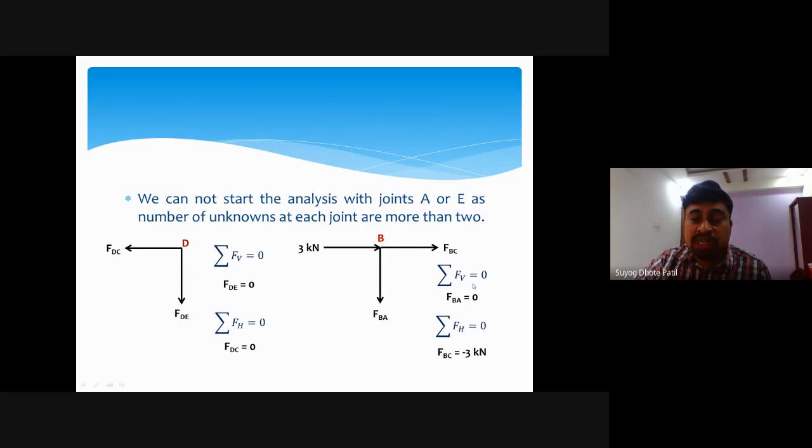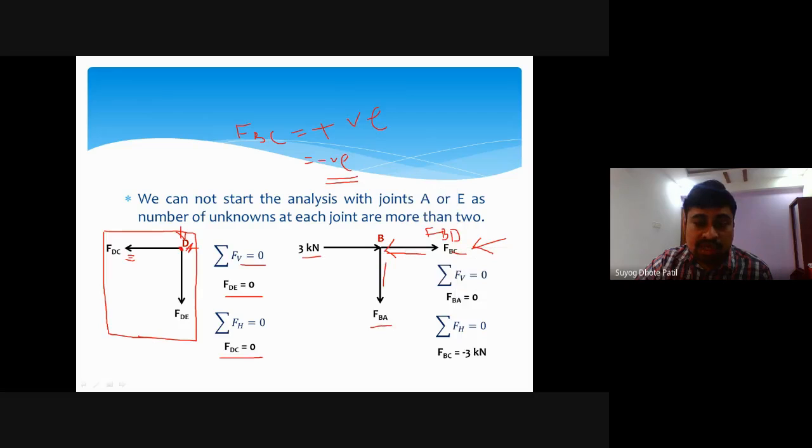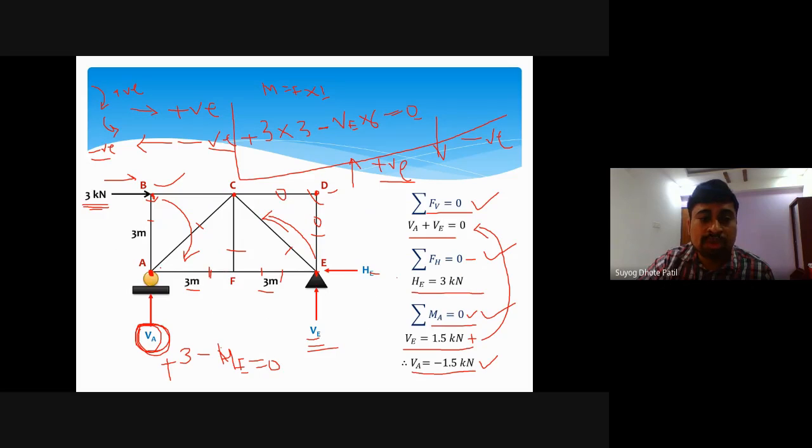First, in the vertical direction, we can see only one force FBA is there, with no additional force in the vertical direction, so straight away FBA is equal to 0. FBA will be the zero member.